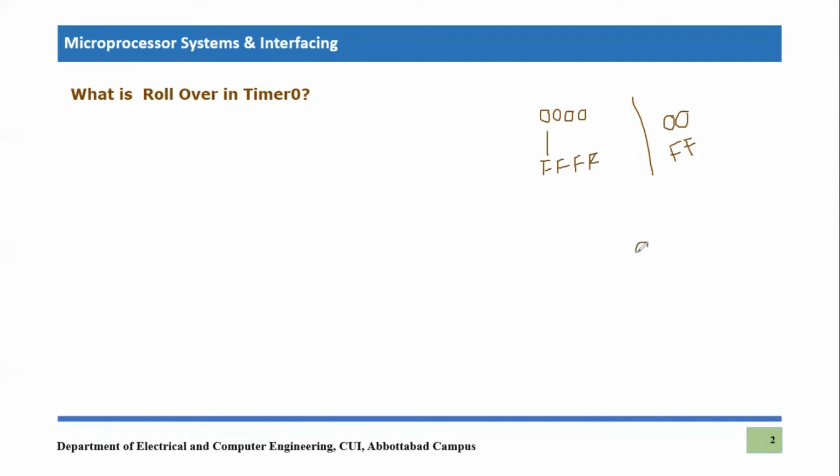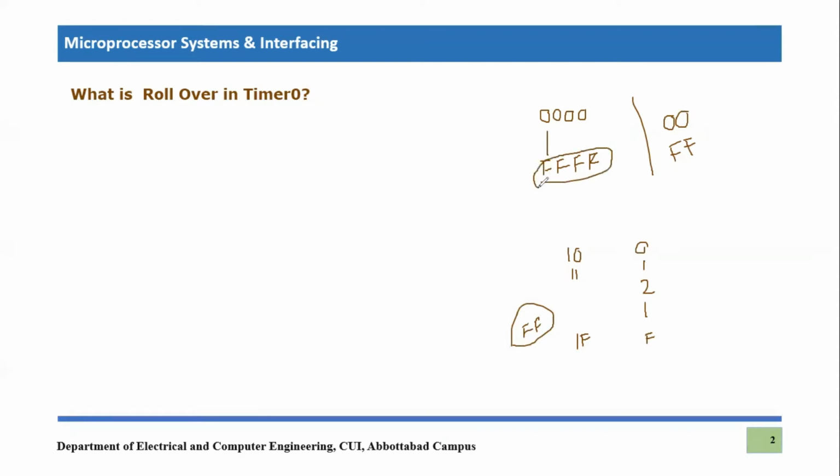For example, we start with 0, then 1, and eventually we arrive at F. Then the counting continues with 10, 11, and eventually we arrive at 1F. Eventually this counting will go up to FF in 8-bit, and in 16-bit, it will go up to 4 times F.